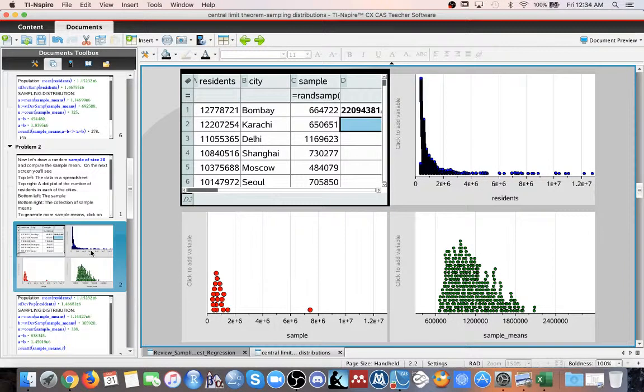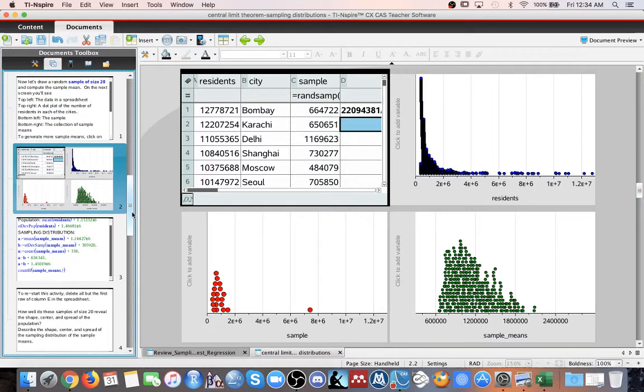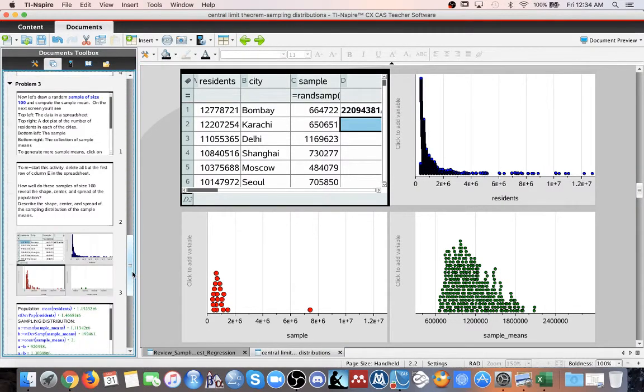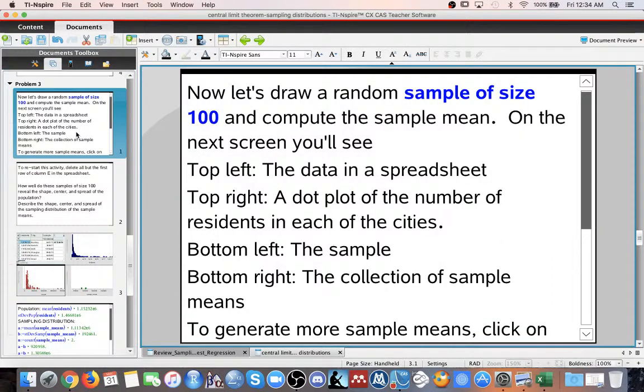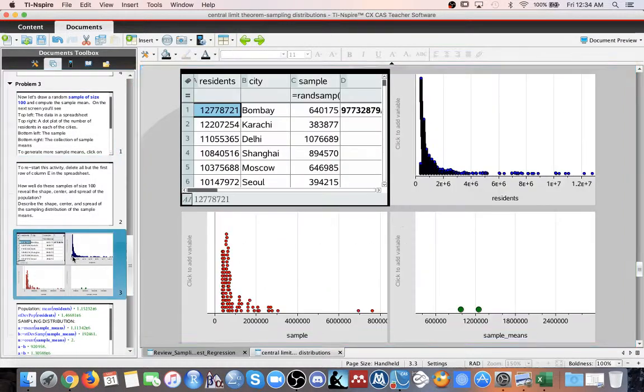Now, what happens if we then go to, say, a sample size of 100. Now remember, we're estimating the world's 1,000 largest cities. A sample size of 100 is 10% of that. So let's look at what happens when we do this.